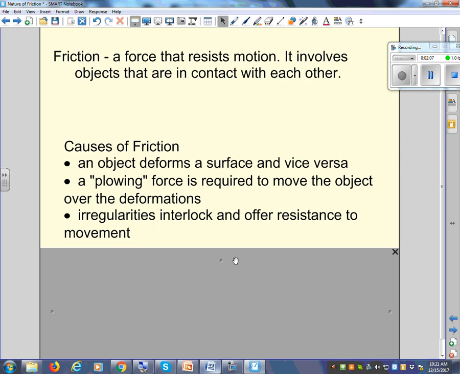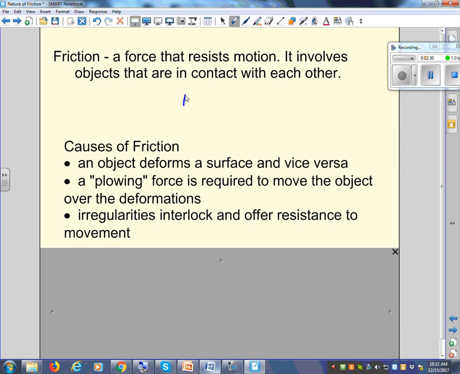There's still some debate on the idea of friction. They believe that an object deforms a surface and vice versa. So in other words, if I put a laptop here on a table, they're saying that it actually makes a little depression, if you will, in the table. So it kind of looks like this, right?